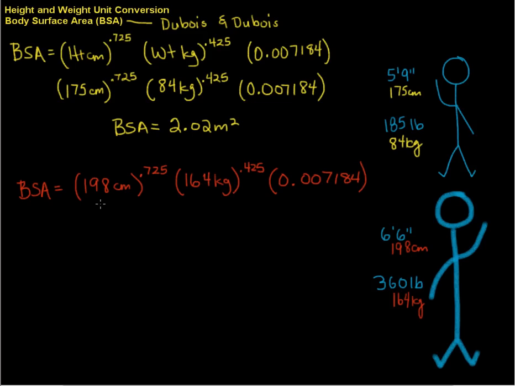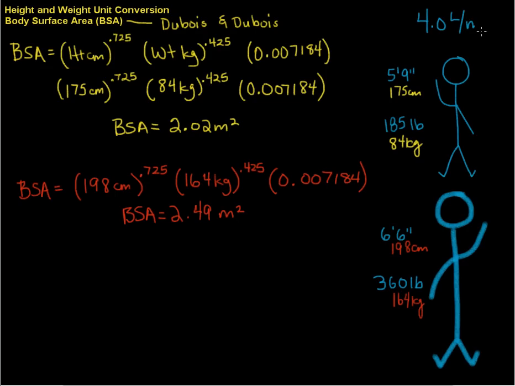So again, plug those numbers into your calculator and you will end up with a body surface area that is equal to 2.49 meters squared.